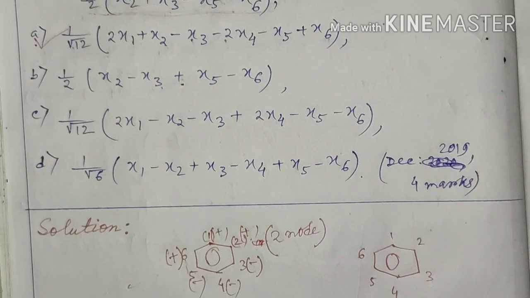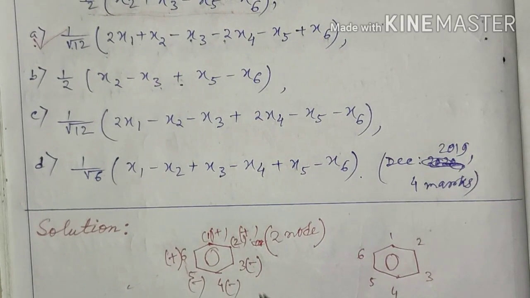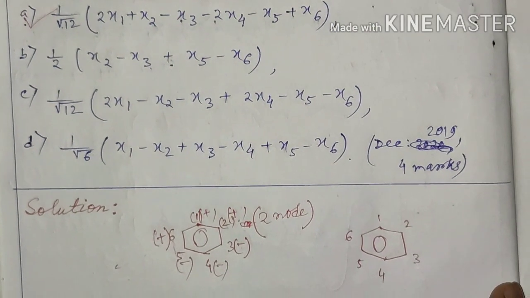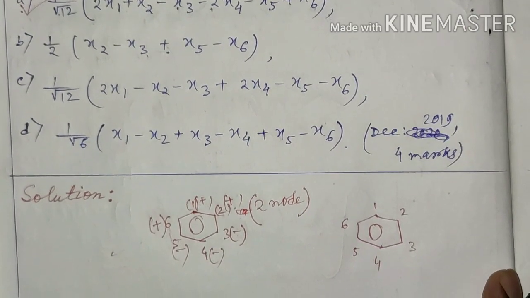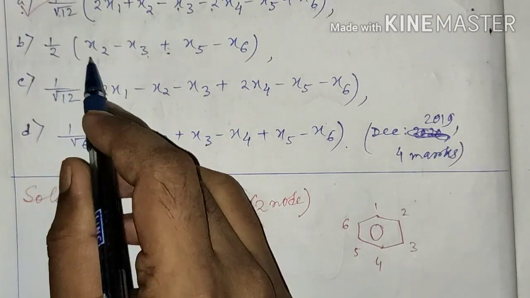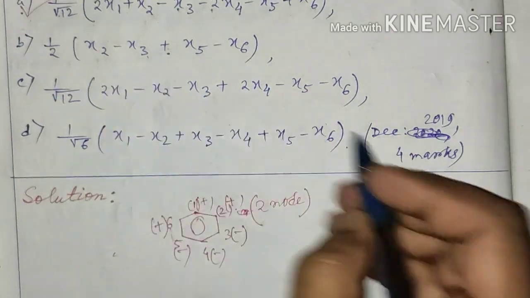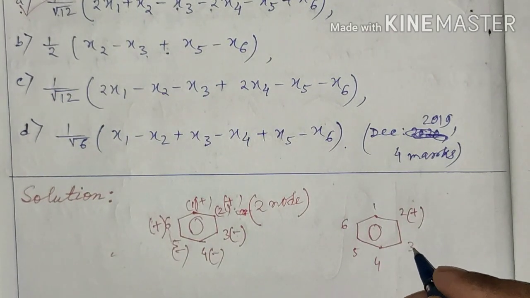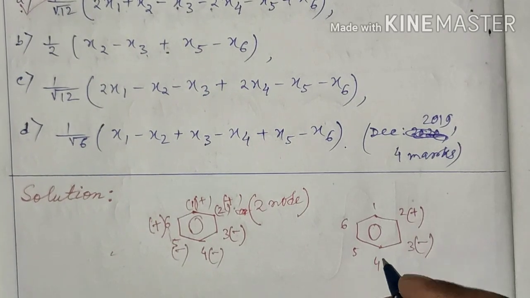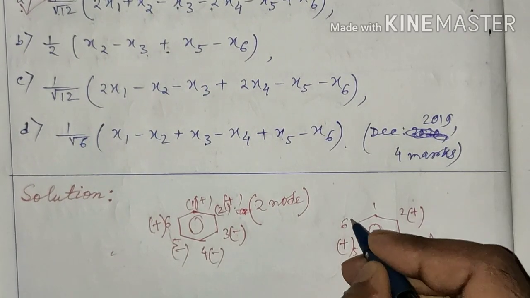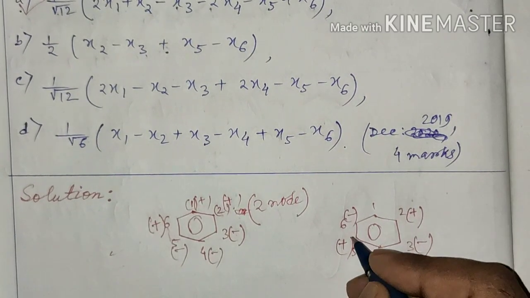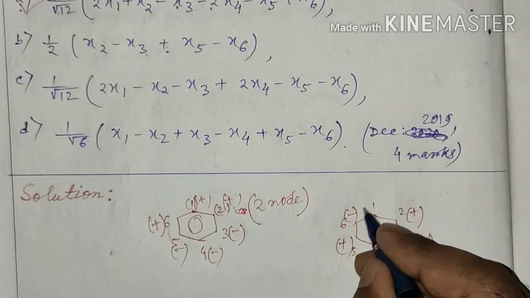Now for clarification, I am just checking whether any of the remaining options contain the same number of nodal planes. For option B, psi 2 is plus, psi 3 is minus, psi 5 is plus, psi 6 is minus. That means 1, 2, 3 and again 4.